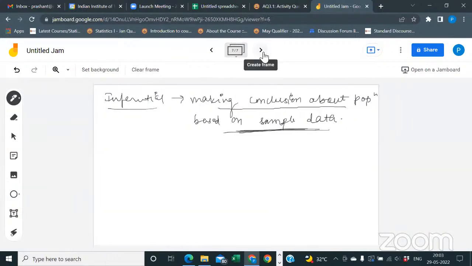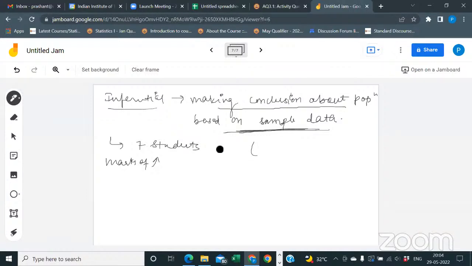Inferential is something else. Suppose you took the marks of a sample of 7 students. You did not go for all 40 students.